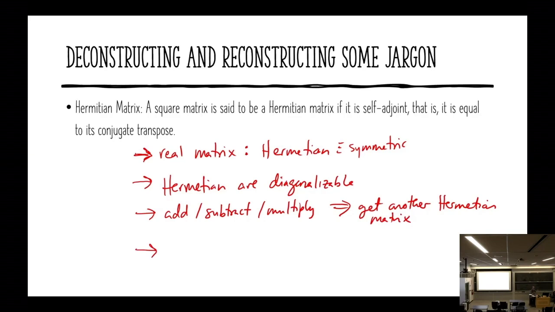Anything else? So you can generate a unique basis. And kind of related, they have real eigenvalues whose eigenvectors form a unitary basis.